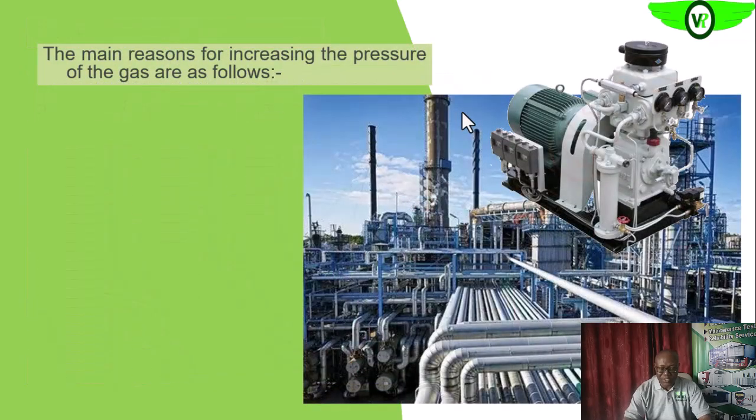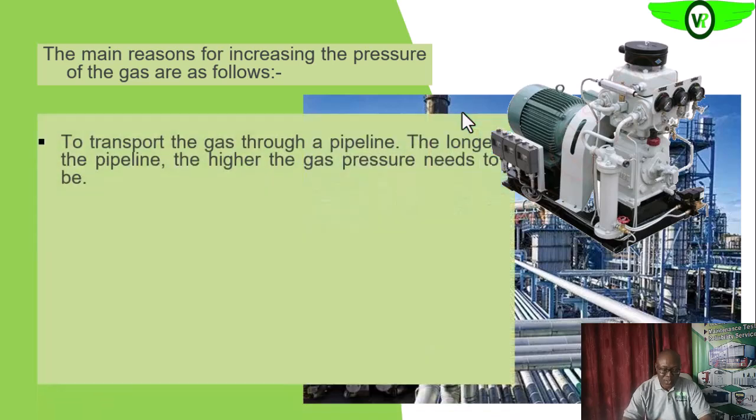So we are going to look at some of the reasons why we need to increase the pressure of the compressible fluid or gas. The first one is to help transport the gas through a pipeline. As you compress the gas, like we said earlier, the pressure will have increased, and that increased pressure is increased kinetic energy that will assist in moving the gas from one point in the pipeline to the other.